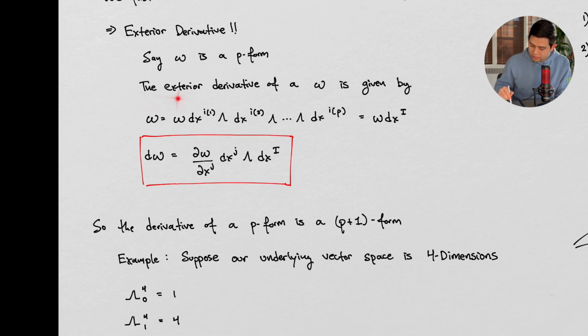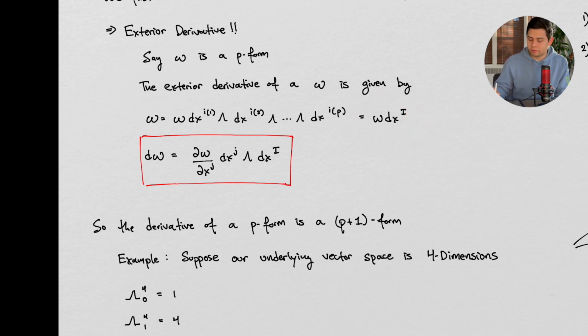Then the exterior derivative of omega is going to be given by something like this, right? So if omega is a p-form, then it goes from omega I of 1 to I of p, again, where these are just numbers.